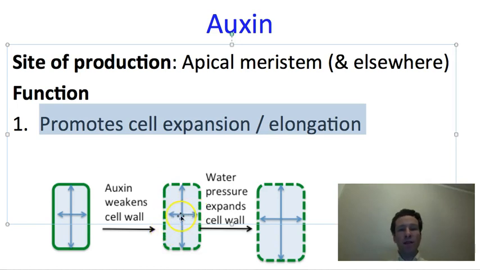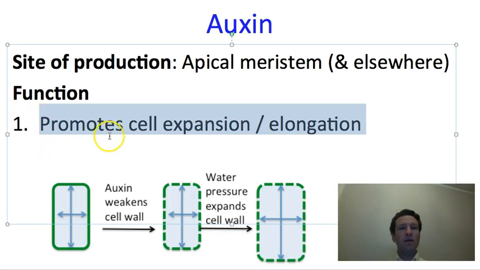Remember that water inside the cell, assuming the cell is well hydrated, is always going to be pushing out on the cell walls, creating turgor pressure. Usually the cell walls push back in, and so nothing happens. But if the cell walls are loosened, then they won't be able to push in adequately, and as a result, the cell will expand. Once the cell's expanded to the appropriate size, then the cell walls will harden and it will not expand further than this.